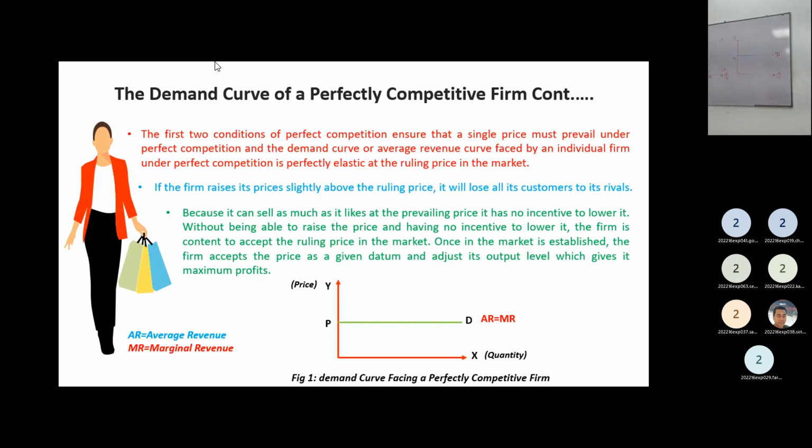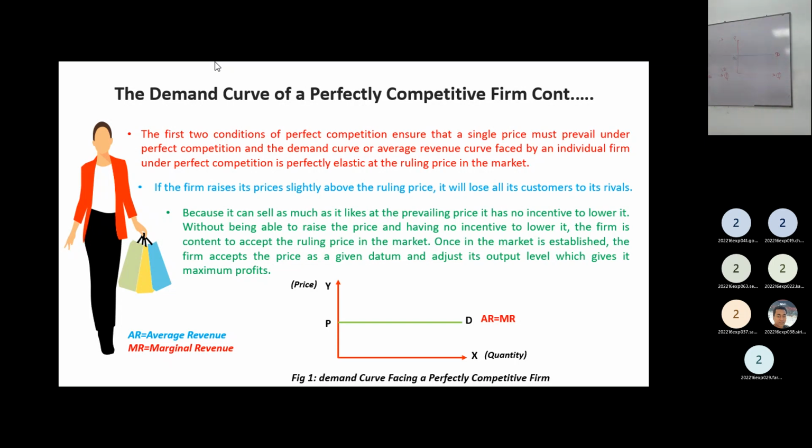They cannot decide the price. What do you think? How do they determine their profits? I mean, in a very simple way, without going into much analysis. They cannot decide the price of their product.